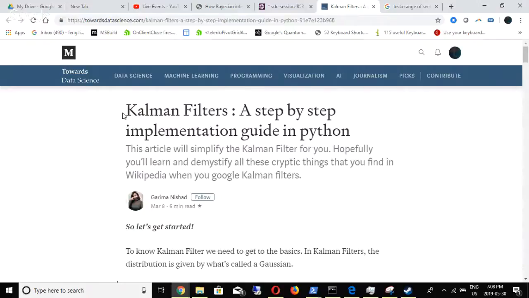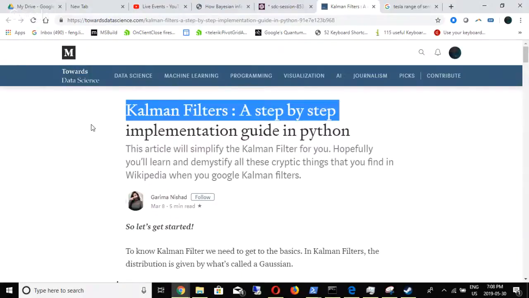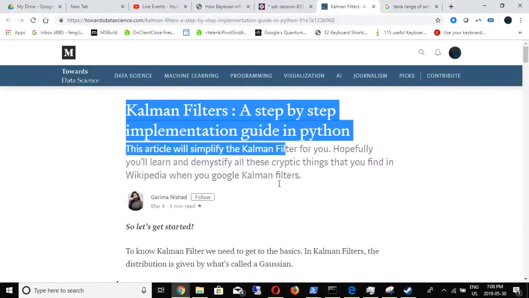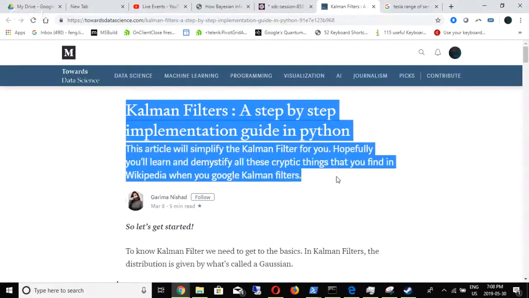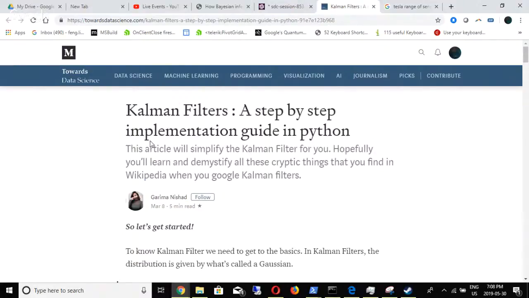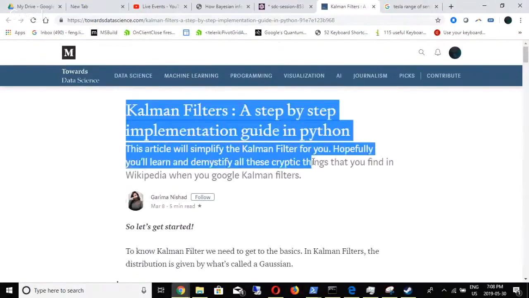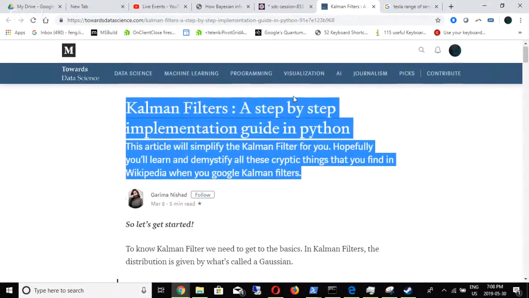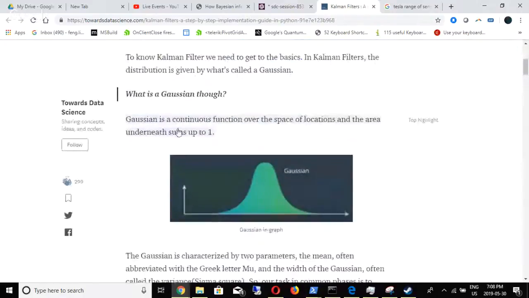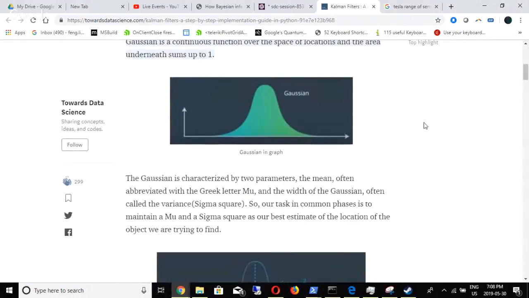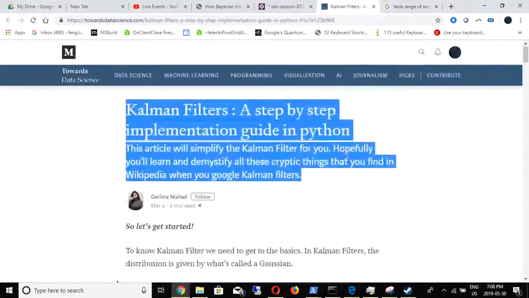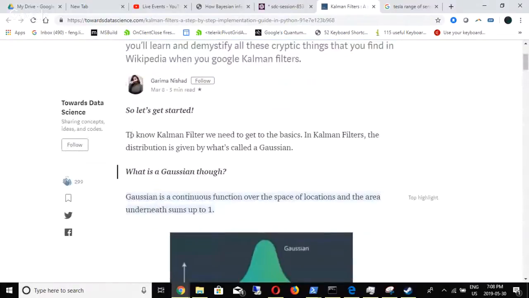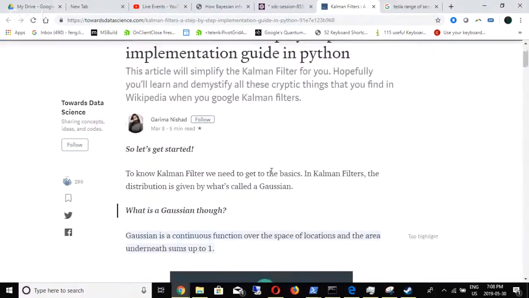His primary work was machine learning, and I'm pretty sure Kalman filters is an applied machine learning technique. Specifically, Kalman filters is an applied machine learning technique utilizing Bayesian inference. I'll get to that later. So this is an article by Nasheed.